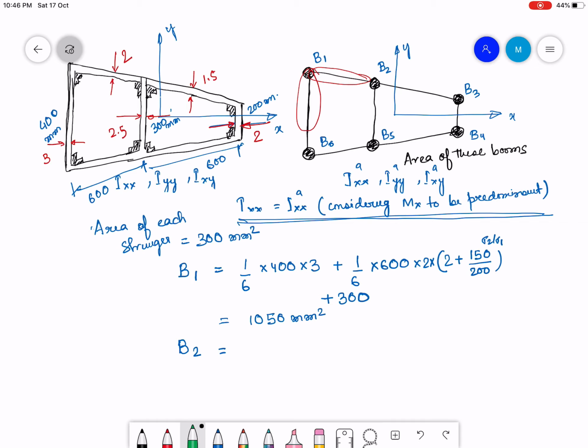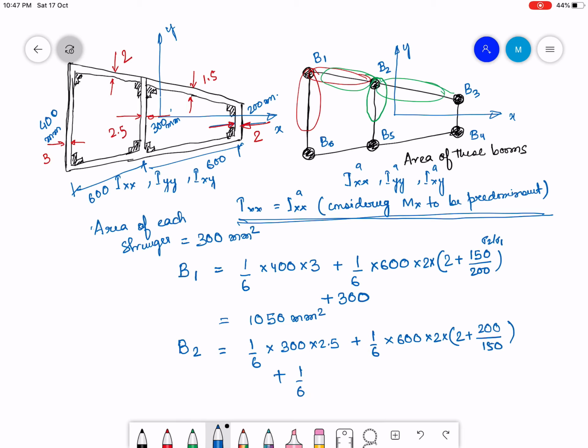So B2 is going to have 1/6 of this, so that is going to be 1/6 into 300 into 2.5, plus 1/6 of this part, which is going to be 1/6 into 600 into 2 into 2 plus sigma 1 by sigma 2, so 200 by 150, plus it is going to come from here as well, so that is going to be 1/6 into 600 into 1.5 into 2 plus sigma 3 by sigma 2, so that is 100 by 150, right?